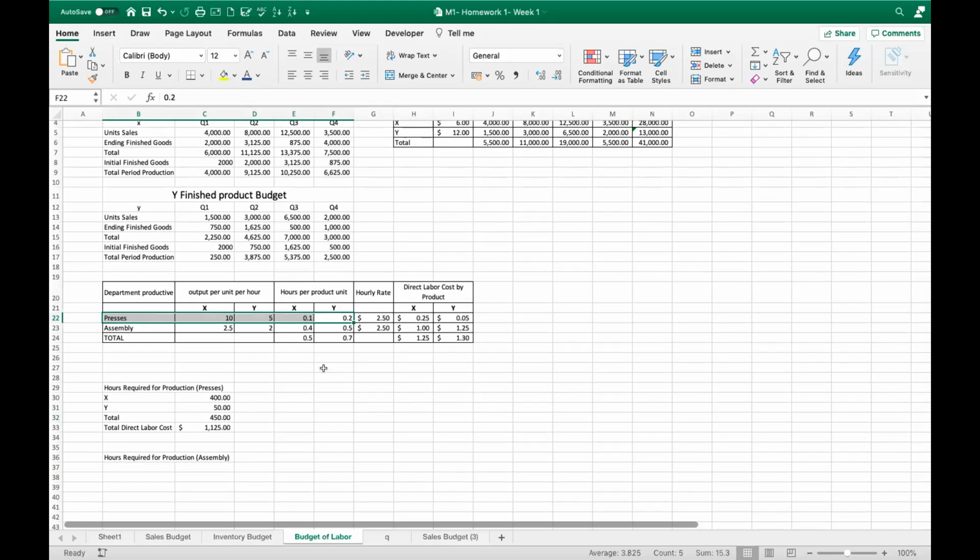Output per unit per hour means that in 1 hour, you do 10 units of press of X and 5 units of press of Y. So that turned into hours, it's 10% and 20%. That's what you get in the hours per product unit. So there it's the same hour for both of the products. If you turn them into hours, you can sum them.